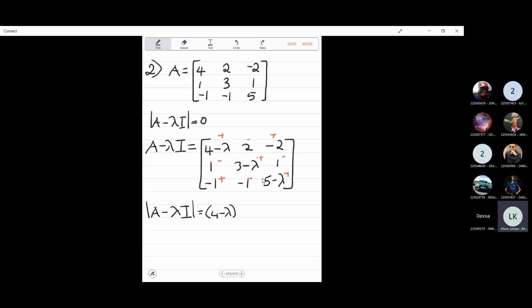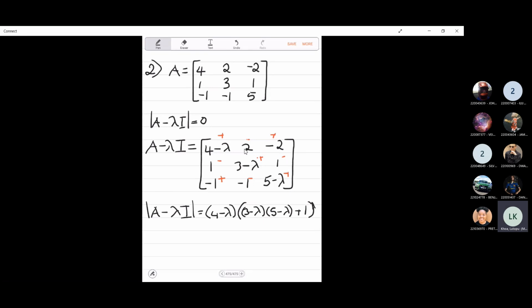So we will have 3 minus lambda, 5 minus lambda, and then minus negative 1 times 1, which is equal to plus 1.